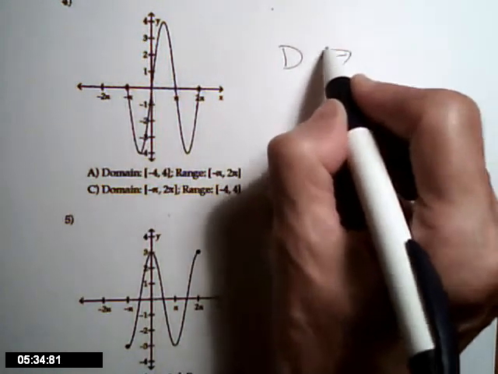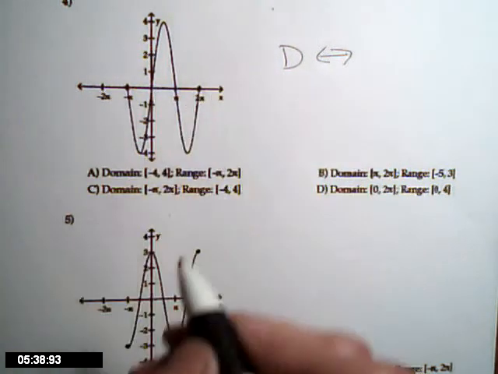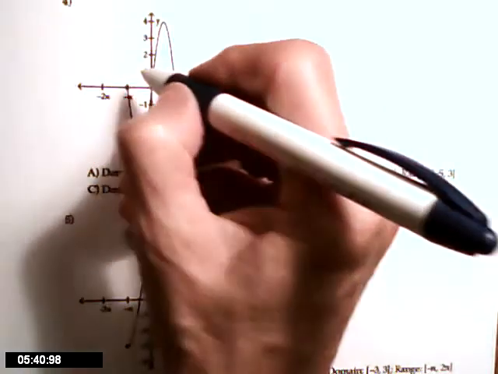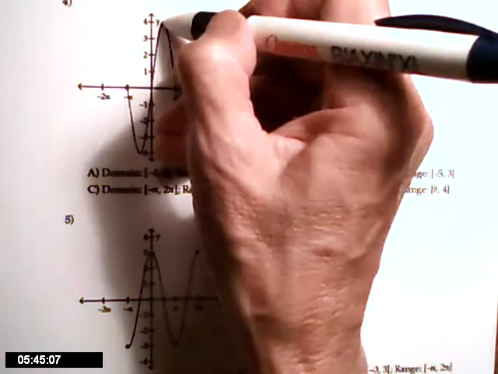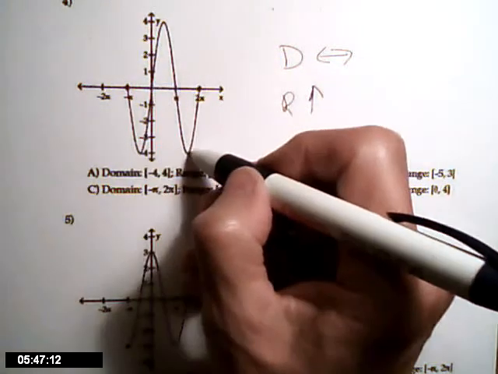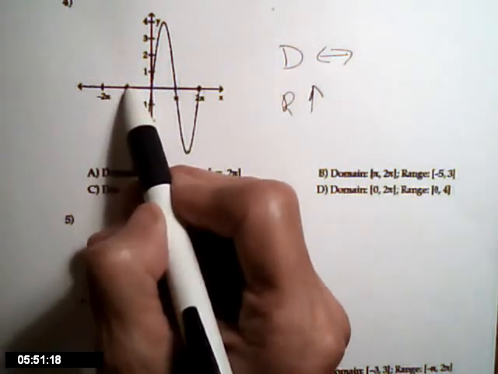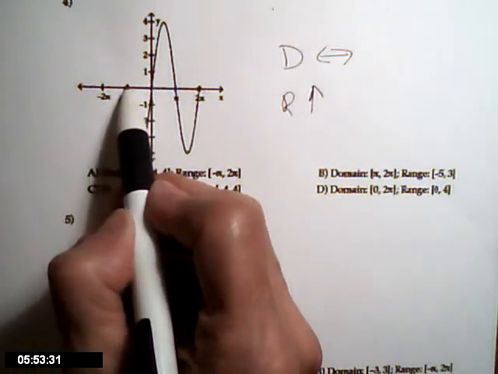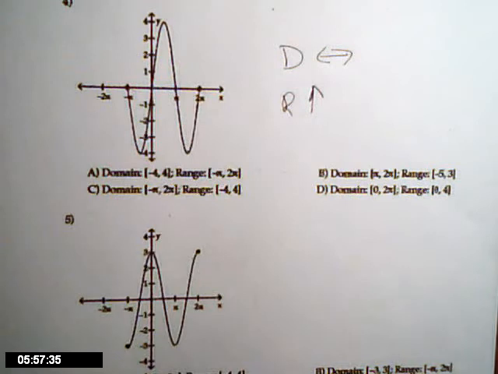Domain, this is right, left. We go from this point to this point, and from range, remember, up and down, we go from a high here down to a low, which would be here. So the graph would go to this value to this value on the x-axis.